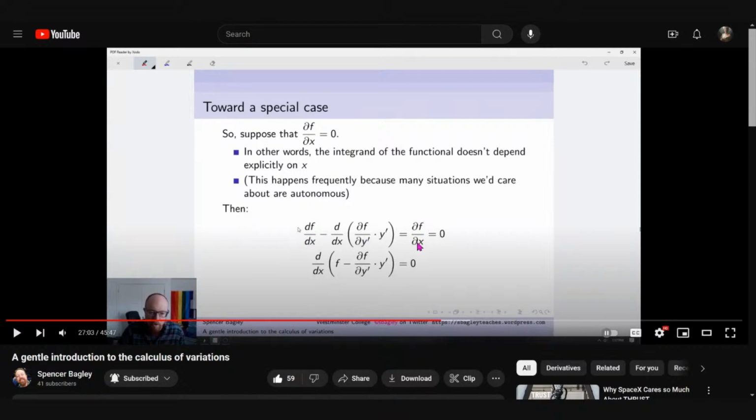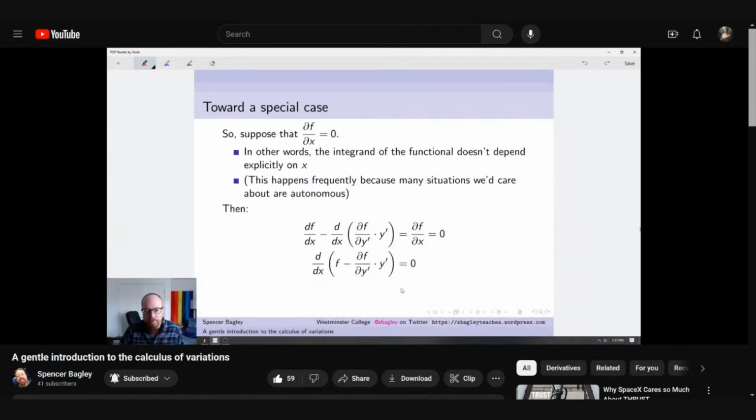This is a partial df dx. How could you have both? And then ddx of f equals 0. That means this equals that. So you can ddx out f minus df dy prime, pulling out the derivative, quote unquote, and getting this, and then integrating both sides.